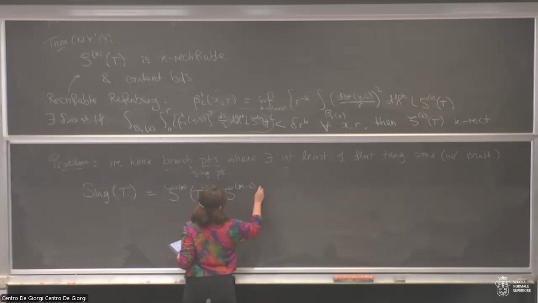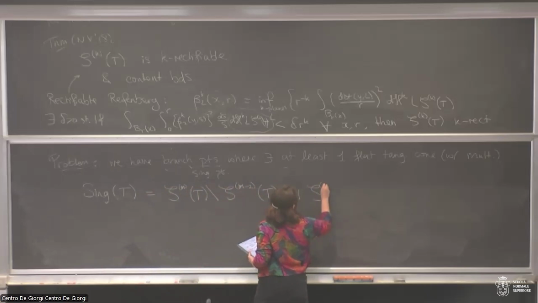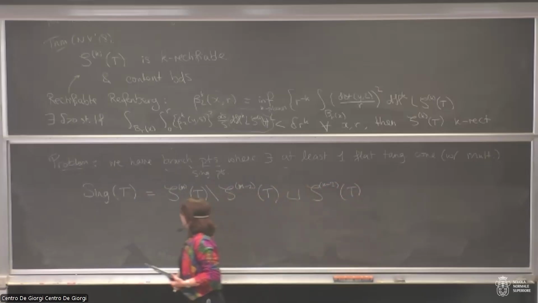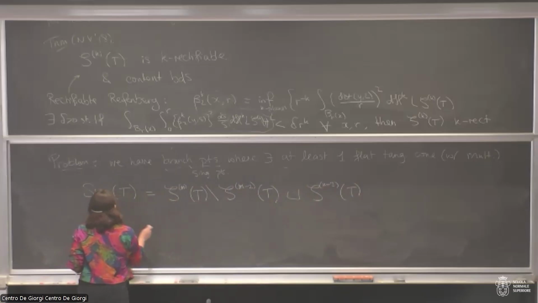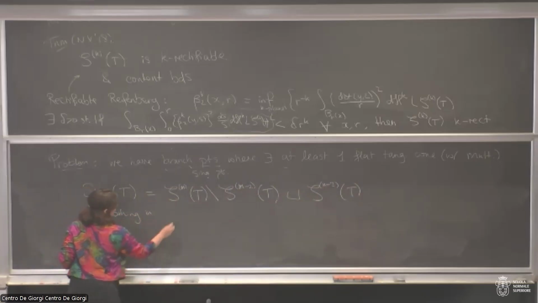My claim is that there's nothing in the m-1 stratum. And this is very easy to see by taking tangent cones, because there's nothing in m-1.